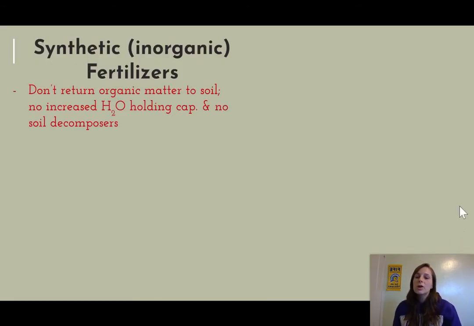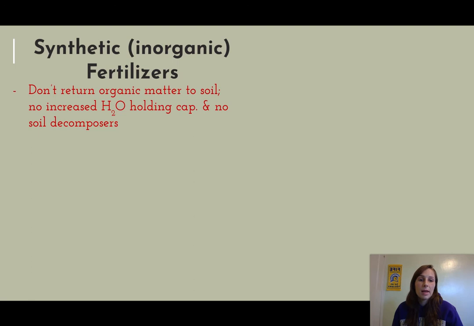We also have an increase in synthetic fertilizers, which are ones that are made by man. They are not organic. One problem is that they ultimately don't return organic matter to the soil. They're just spraying some nutrients onto the soil, but we aren't getting that cycling of decomposition and natural organic matter being incorporated into the soil, which leads to a decrease in the water holding capacity.